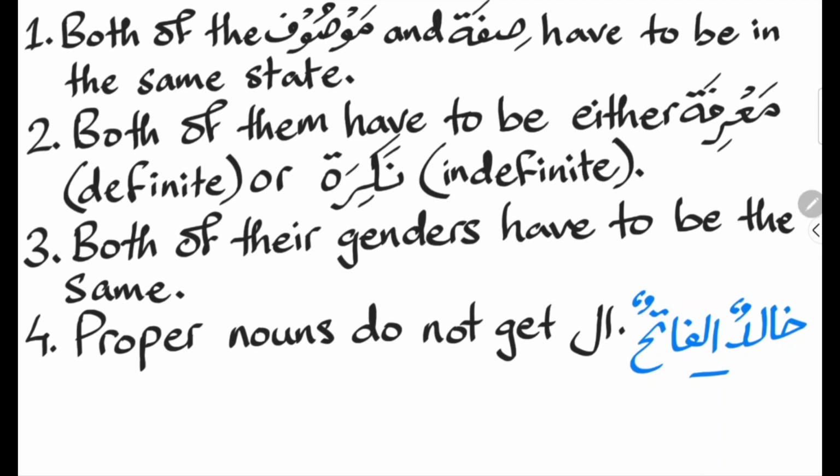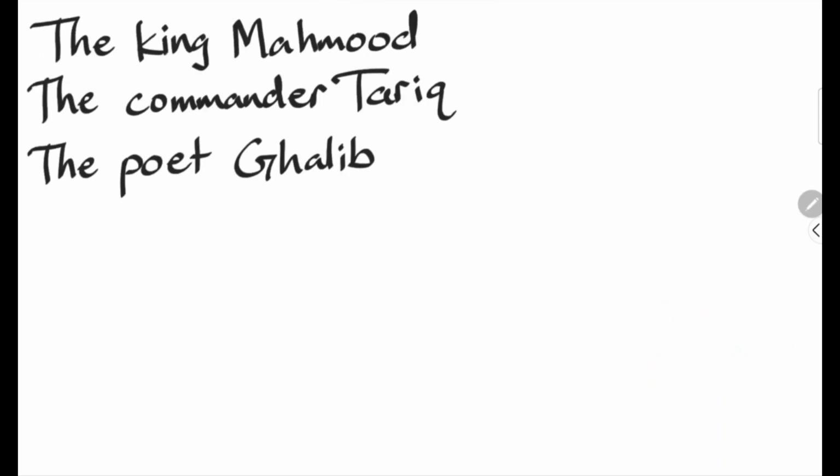Let me give you some more examples. So here we have three phrases: the King Mahmud, the Commander Tariq, and the poet Ghalib. Now the King Mahmud, you're going to write Mahmud first, and then the King, al-Maliku: Mahmudun al-Maliku. That's how you're going to read it.